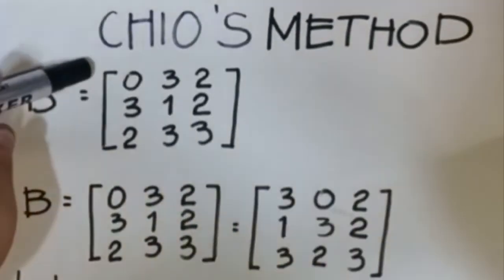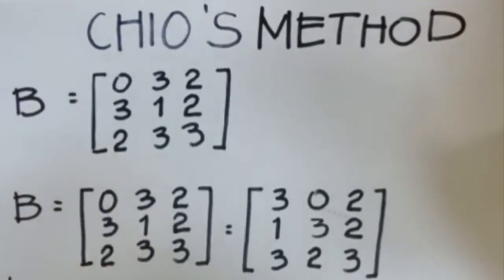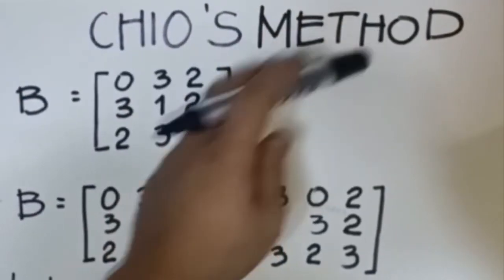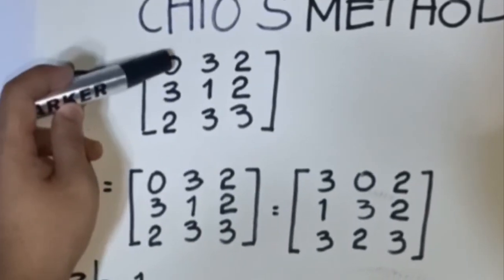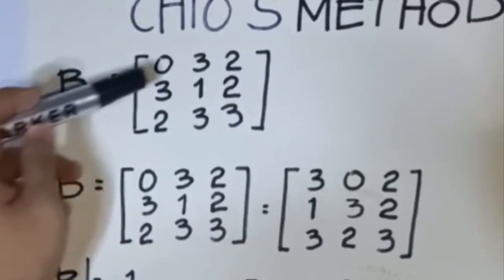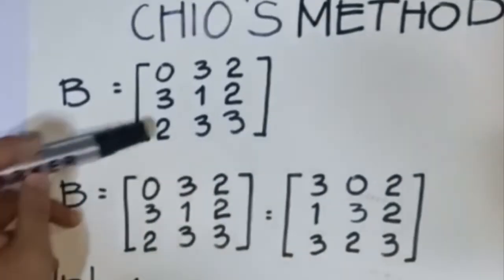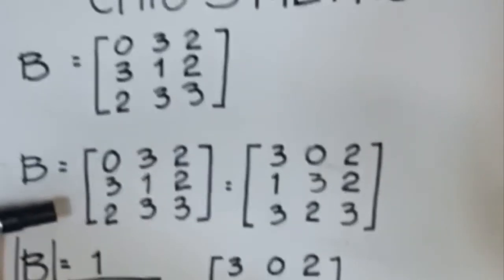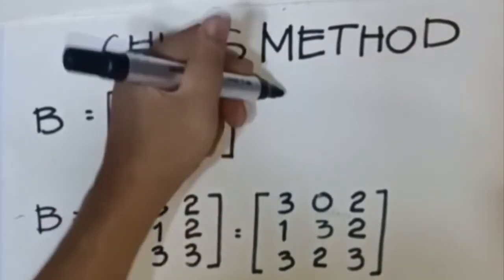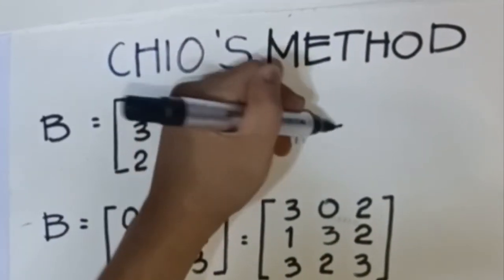So for our second example, in solving the different types of matrix using Chio's method, we have first matrix B, which is equal to its first row 0, 3, 2, second row 3, 1, 2, and its third row 2, 3, 3. So in this given matrix, the A11, or the first element, is equal to 0.